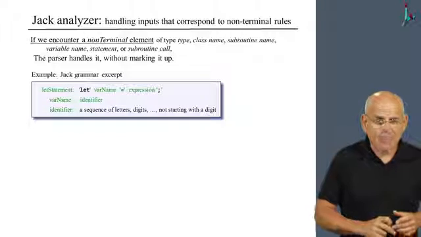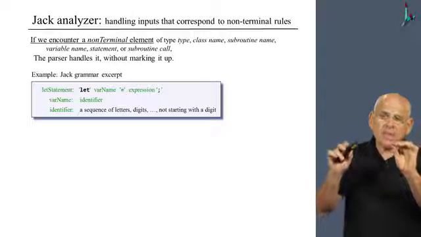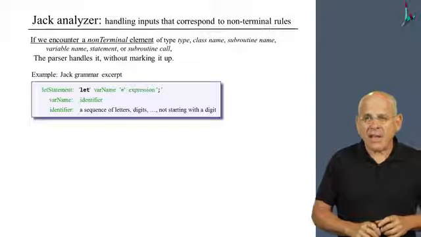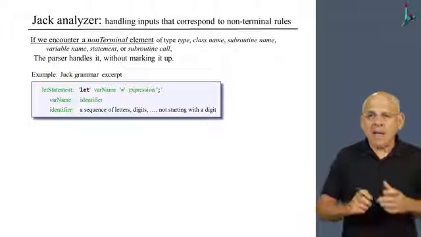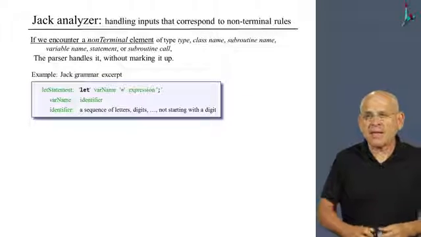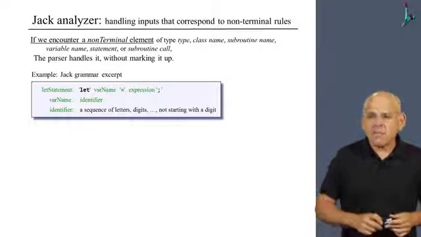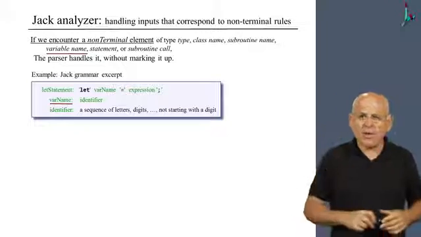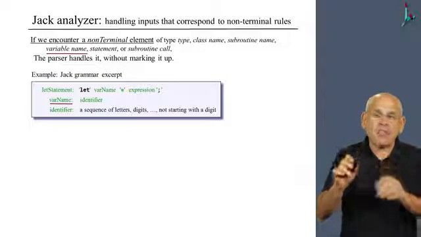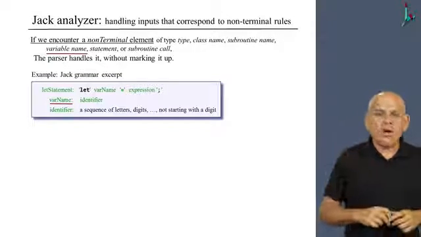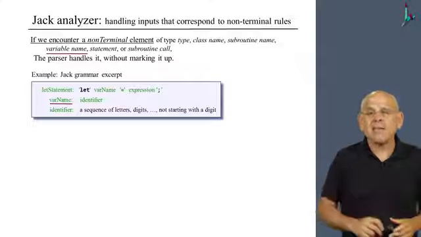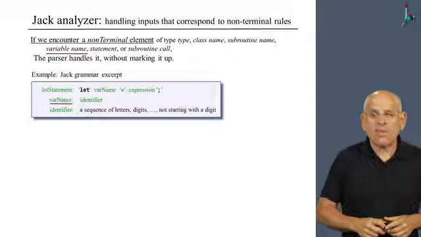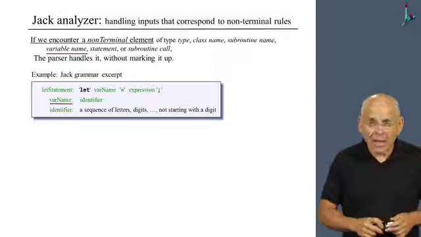Let me give you an example. Let us focus on this subset of the Jack grammar that describes a let statement and a var name. Now suppose that, and I decide to focus on the var name because the var name is one of these non-terminal rules that I decided not to include in my XML.